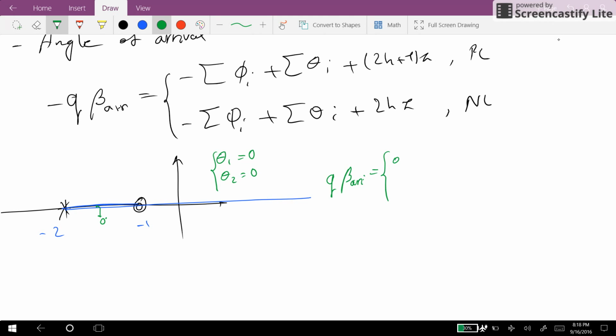equal to 0 plus 2h plus 1 times pi for positive locus and 0 plus 2h pi for negative locus.